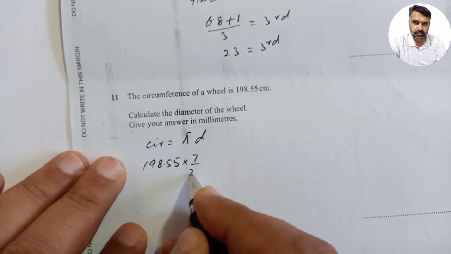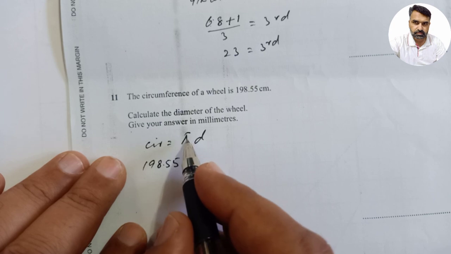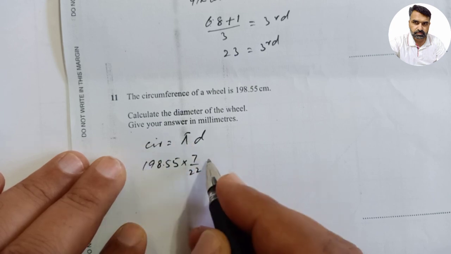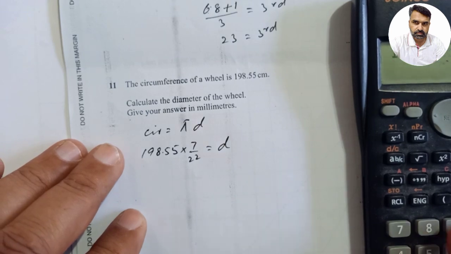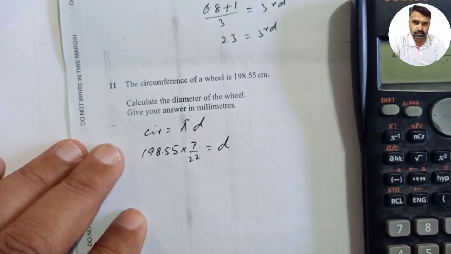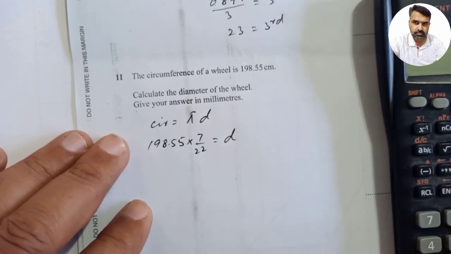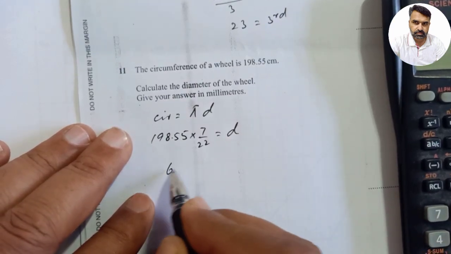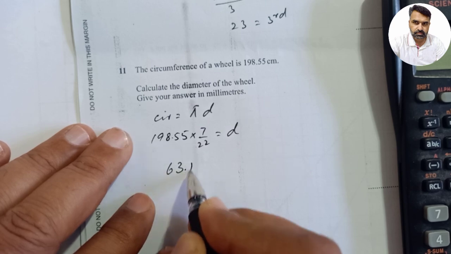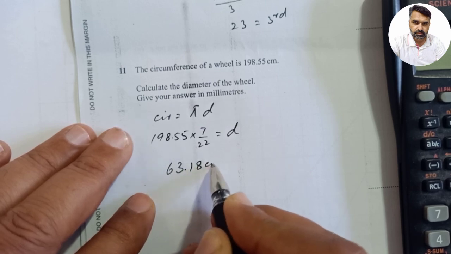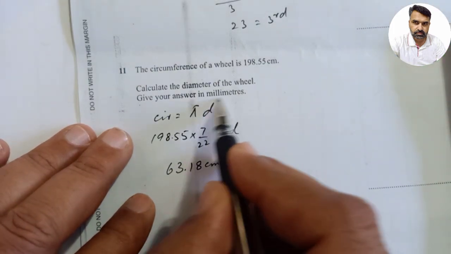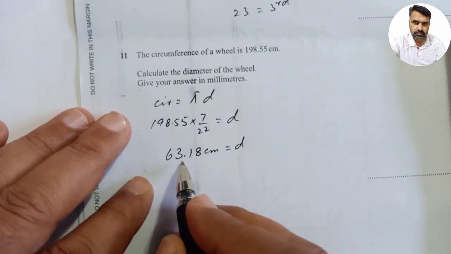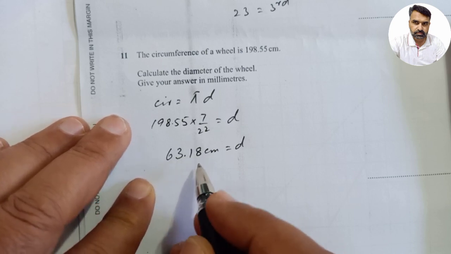Multiply by 7 by 22, because pi will divide toward the left side and it will be the value of d. And 198.55 multiplied by 7 divided by 22, and the answer is 63.18 centimeters, which is equal to the diameter. As we have to find the value of diameter in millimeters, we will multiply centimeters by 10 to get millimeters.